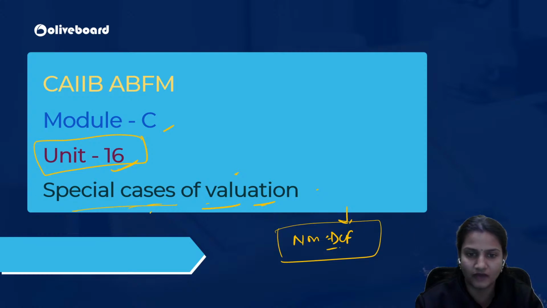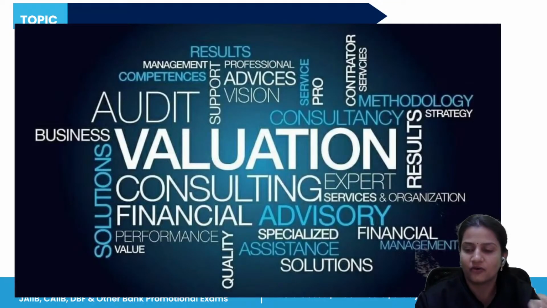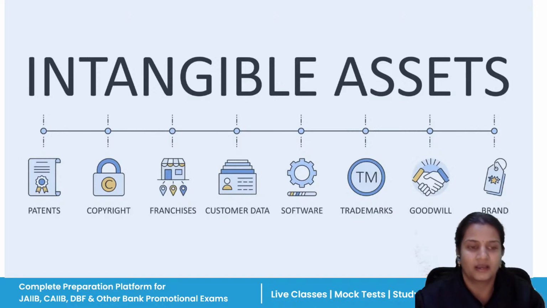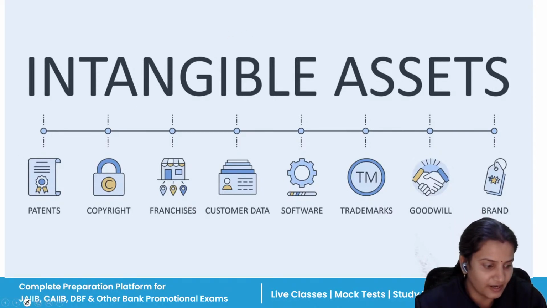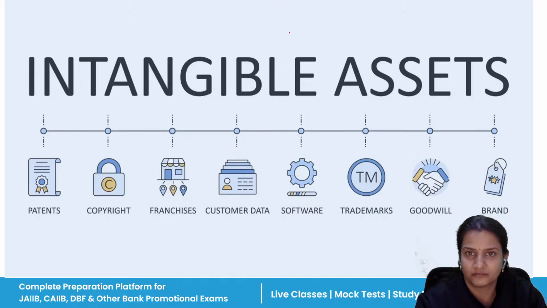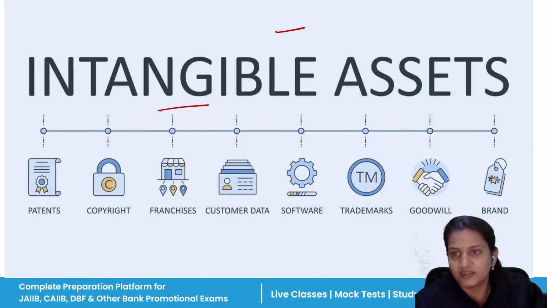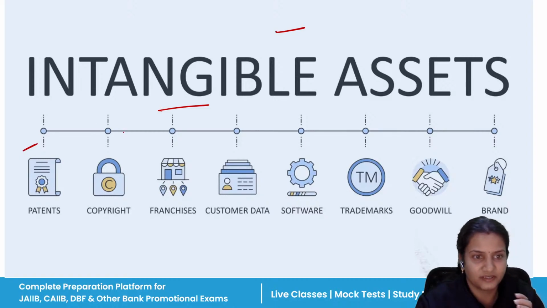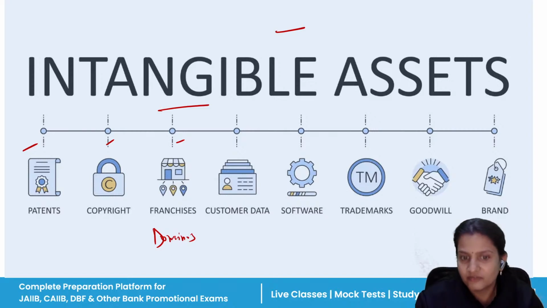Now, how to do the valuation of such businesses if it contains trademarks, copyright, IPR? First, let's understand what intangible assets are. Intangible assets are those assets which cannot be seen and touched, like patents, copyright, franchises. If you have taken franchises like Domino's or Pizza Hut, there are franchises in different states.